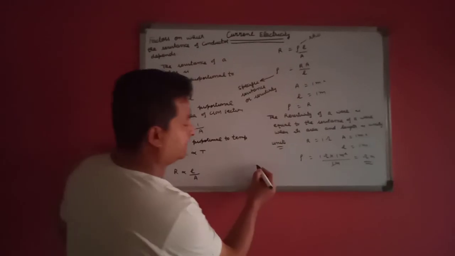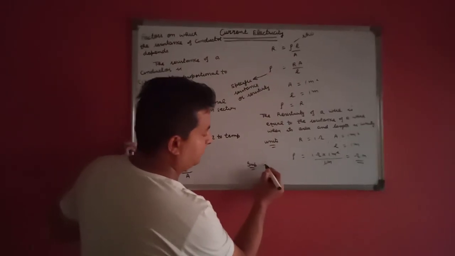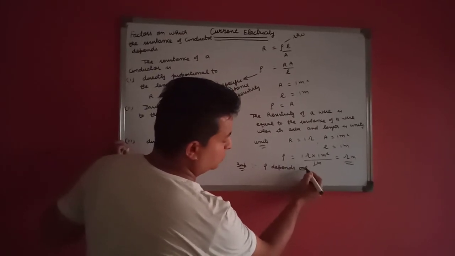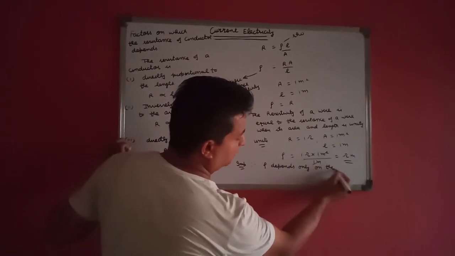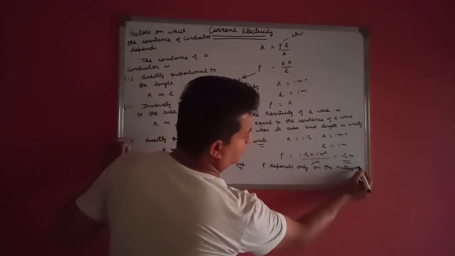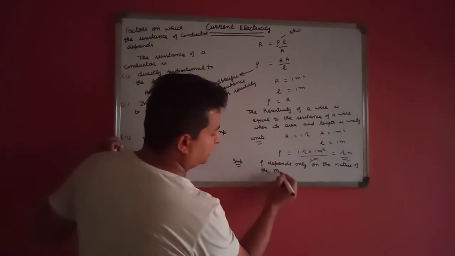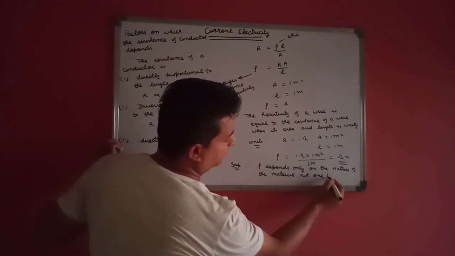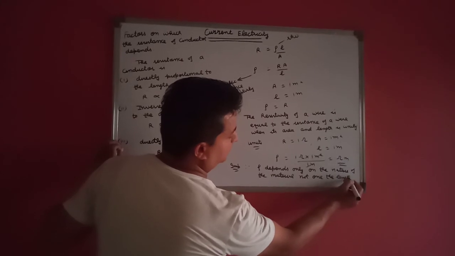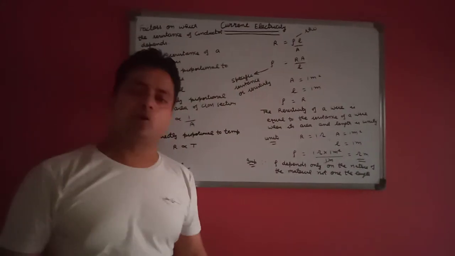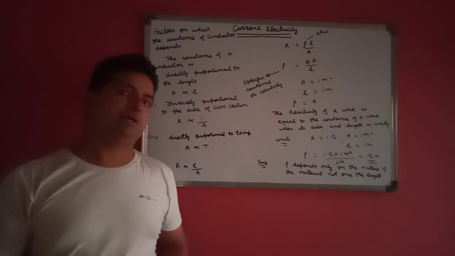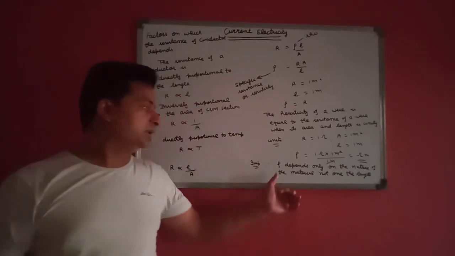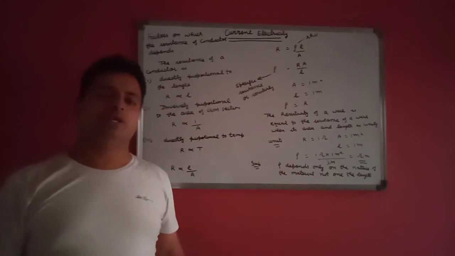Another important factor is that resistivity depends only on the nature of the material, not on the length. This means if we take a copper wire of length 1 meter or 1 kilometer, the value of rho always remains constant.